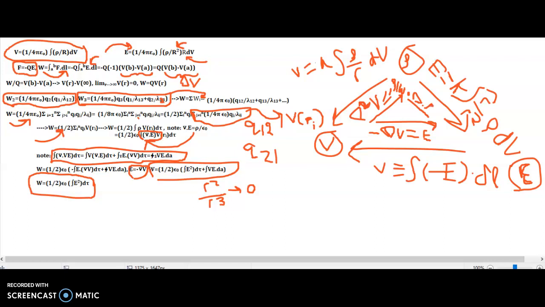The divergence of the field will simply yield the charge density over the permittivity of free space. So this triangular diagram highlights the relationships between these three quantities: the field, density, and the potential.